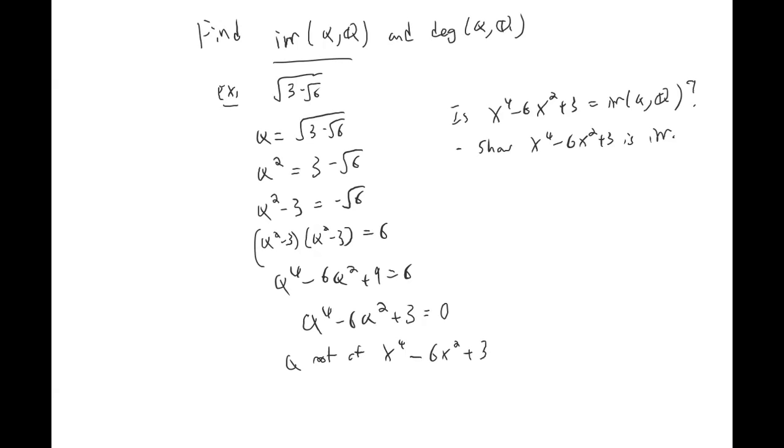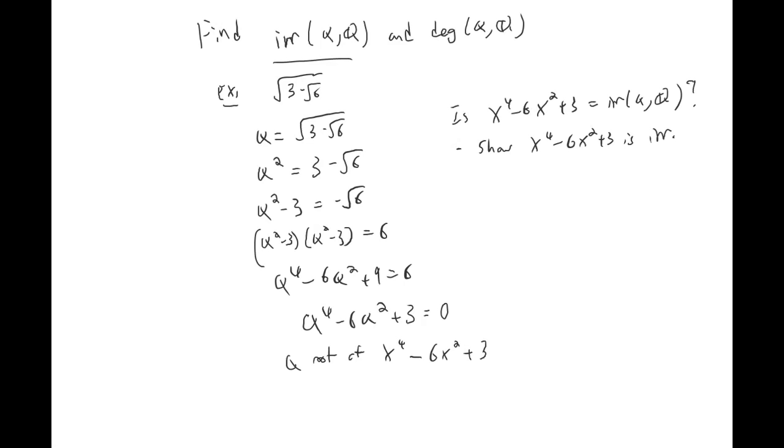Because of the uniqueness in that theorem. All we need to do is show it's irreducible. That's sort of why we went over irreducibility and polynomial rings before going over fields. So you have tools to show this is irreducible.